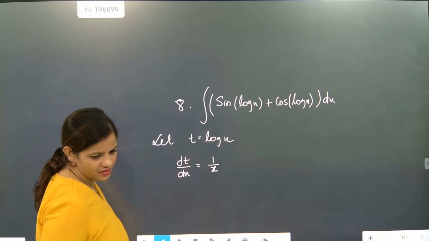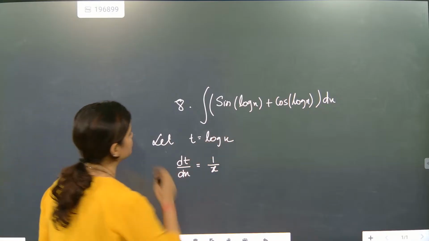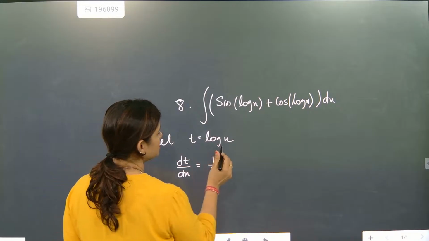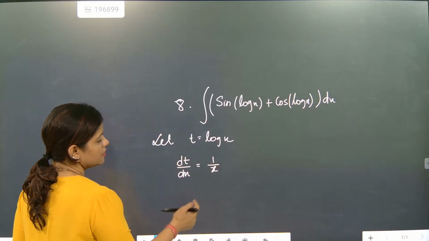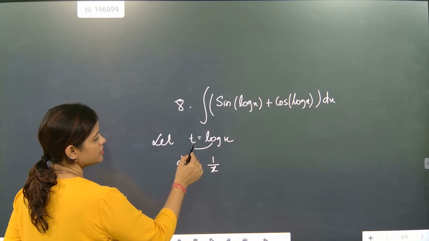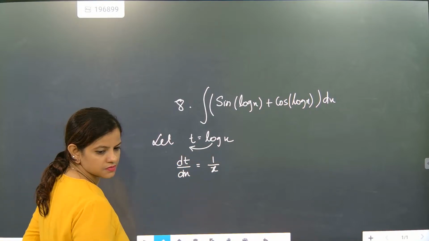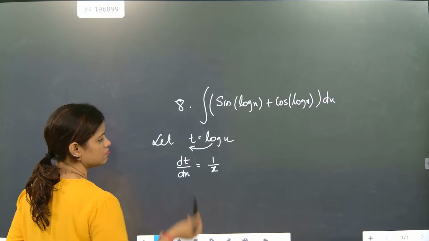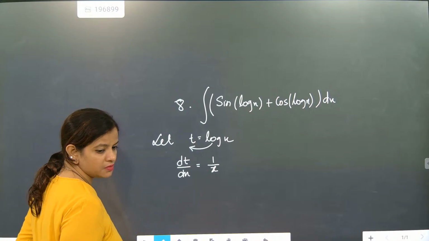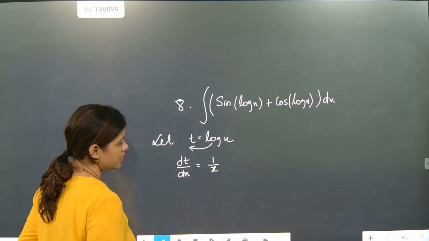x is not there anywhere. What are we going to do? We will do only one work. We will shift this to the right side, because here log x will become t. Check: the differentiation of log x will become 1 by t, correct?